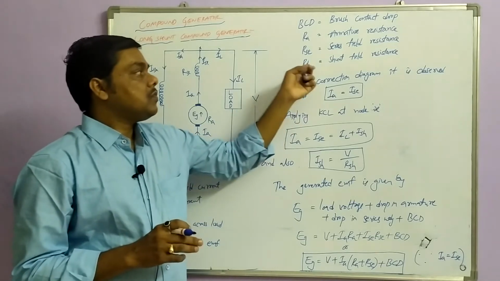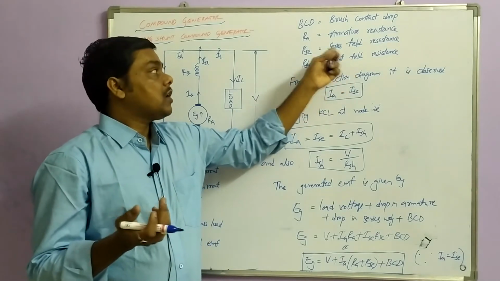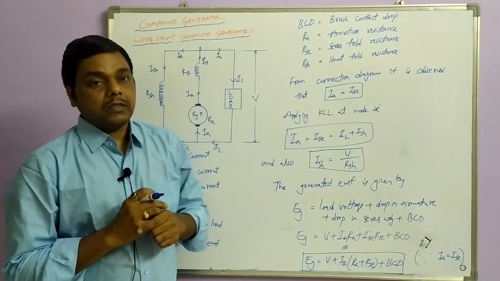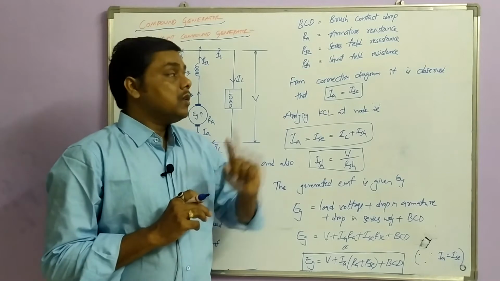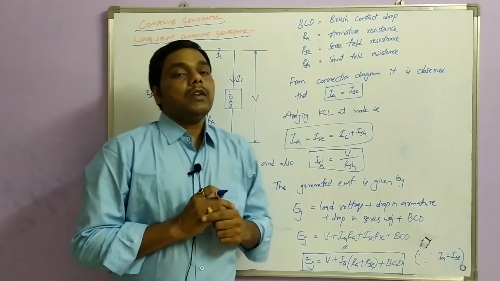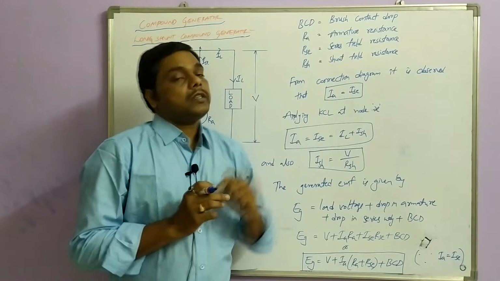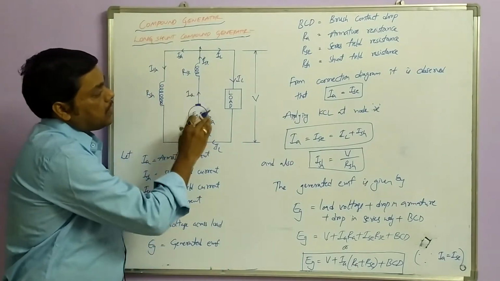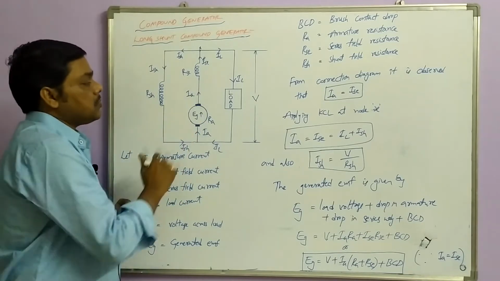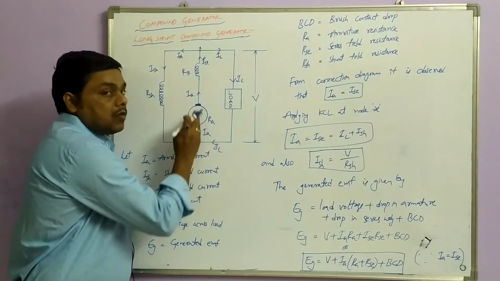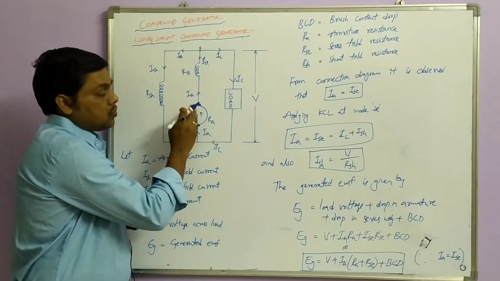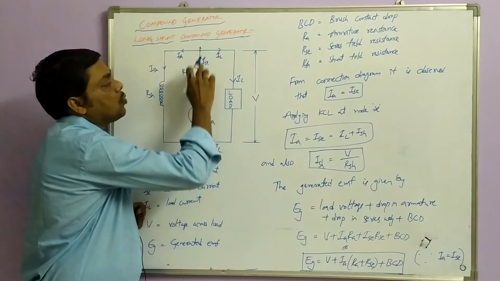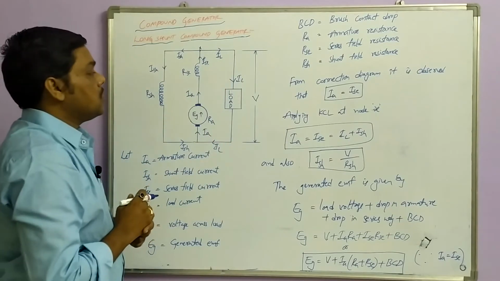We know that the shunt field resistance is very high when compared to both the armature and series winding resistances. RSC is very low, and RA is a nominal value compared to RSH and RSC. Now observe the connection diagram. We clearly observe that the current delivered from the armature, IA, is the same as the series current since both are connected in series.